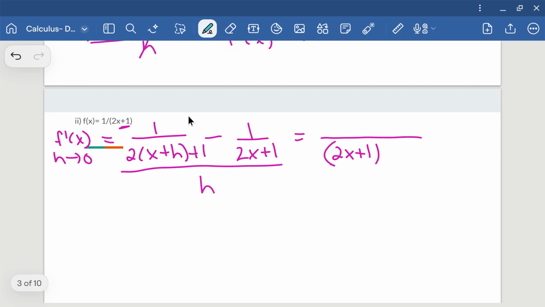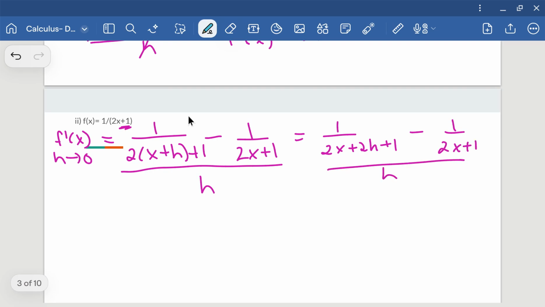Okay, so what I have here, let's just do this one more time, is just expanding out first. What I was missing was just that plus 1 at the end of my first one. So what I'm going to do is just expand out that bottom part. So I have 1 over 2x plus 2h plus 1, and then minus 1 over 2x plus 1, and this is all over h.